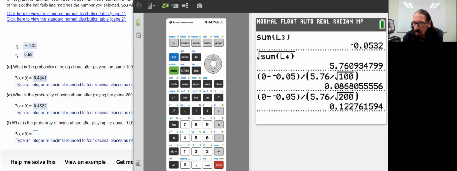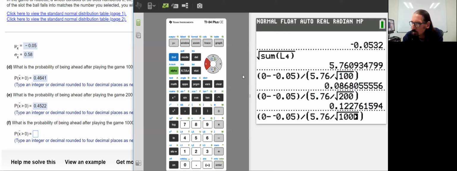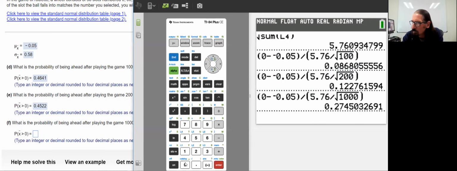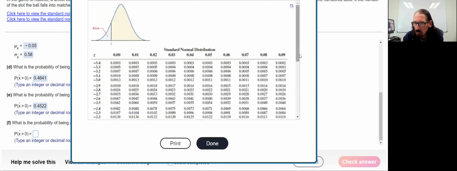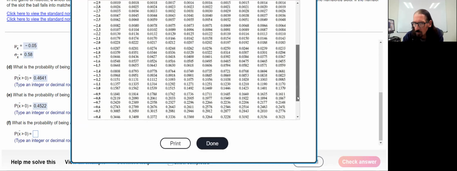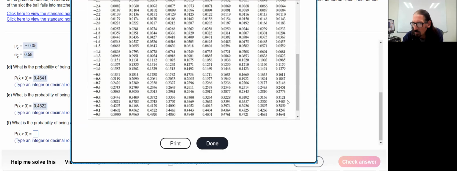You played 1,000 times. Round that to 0.27. And again, with the symmetry, I'll look up negative 0.27 because of the direction this is going. It's going to be in the third column from the right. Oh, you can see it on the bottom.